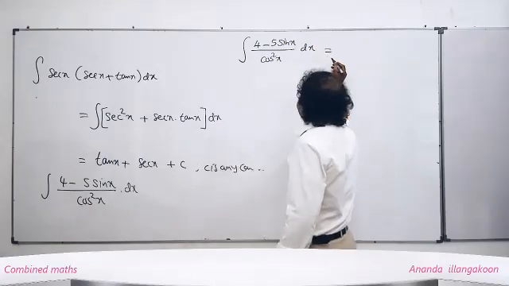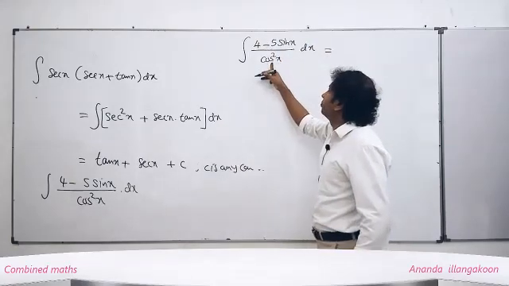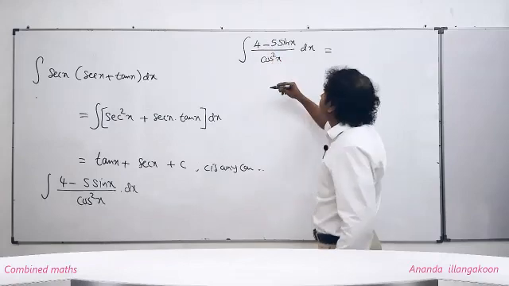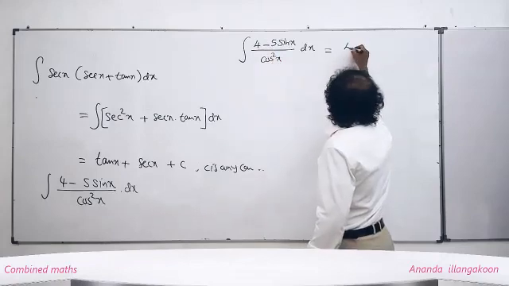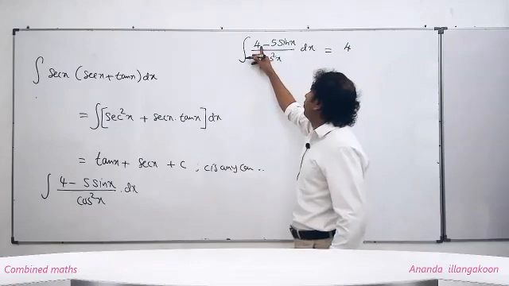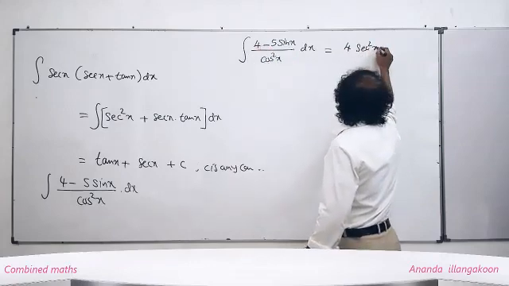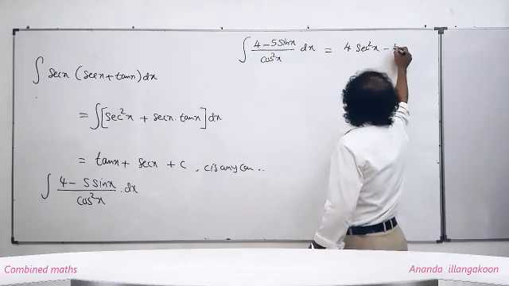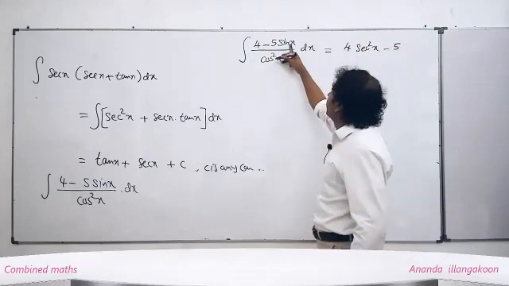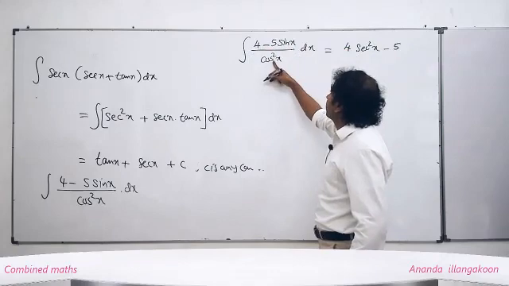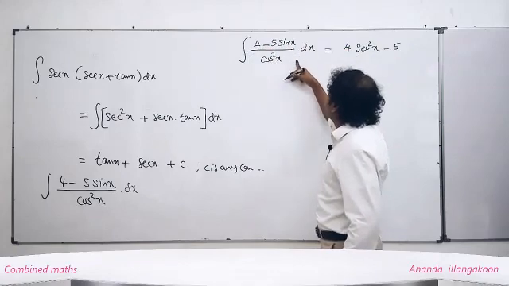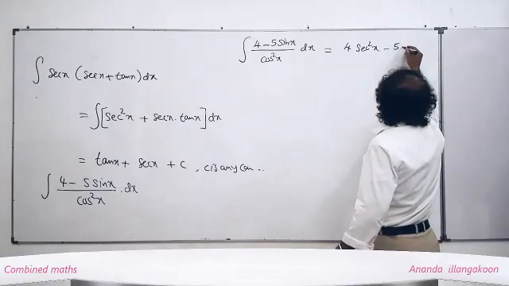Right. We can divide this by this. Then we can write 4 times 1 upon cos squared x, which is sec squared x, minus 5 sin x divided by cos x, which is tan x. Another cos x we have, 1 upon cos x, sec x tan x.